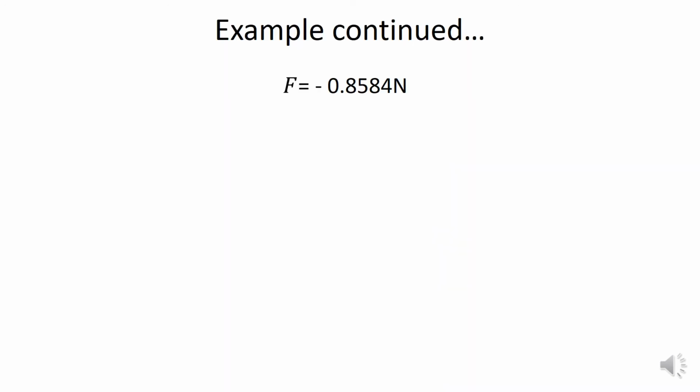So you see there that the force was minus 0.8584 newtons, and just like every other force you have studied, the unit of force is newtons. Okay, so what about direction? If you recall at the beginning, we had one positive and one negative charge, so they should be attracted to one another, and that's what the minus sign indicates. It's an attractive force.